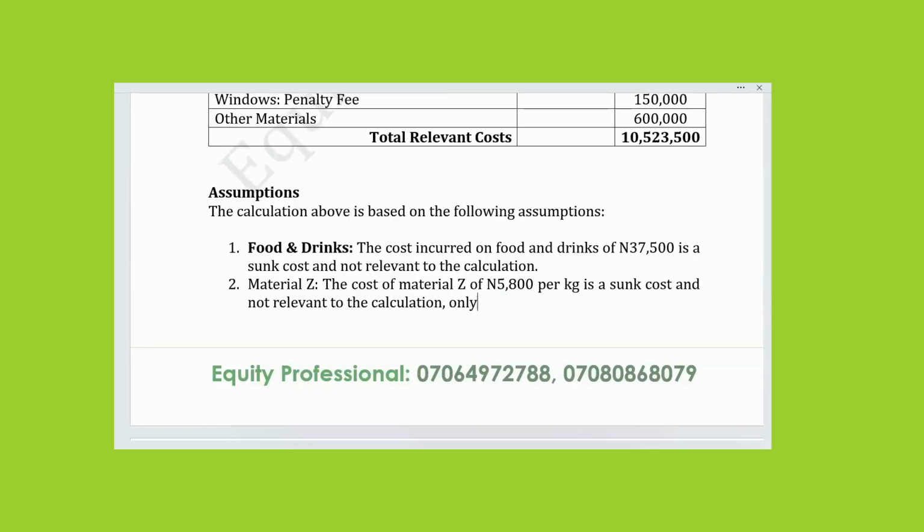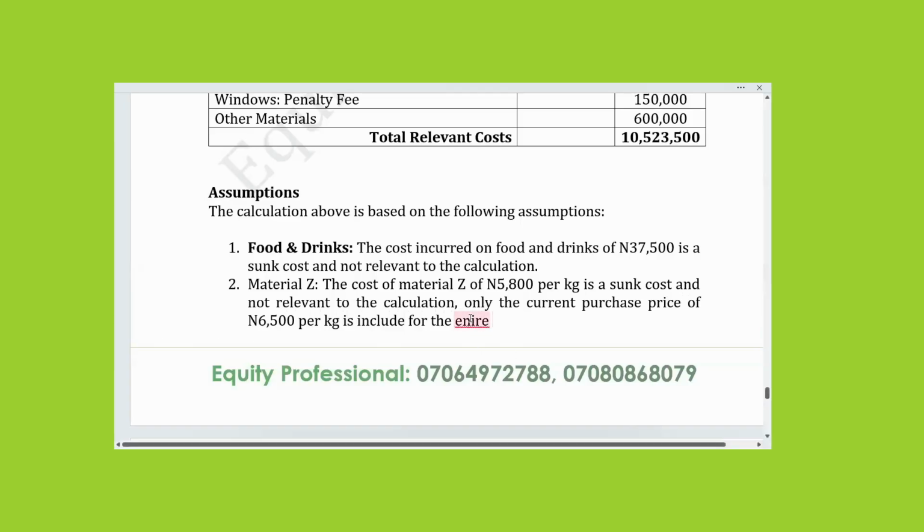Only the current purchase price of 6,500 naira per kilogram is included for the entire 1,200 kilograms needed.